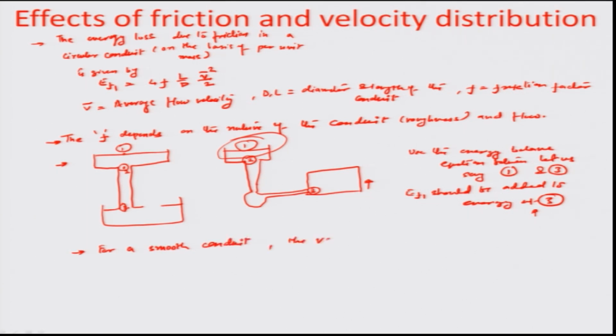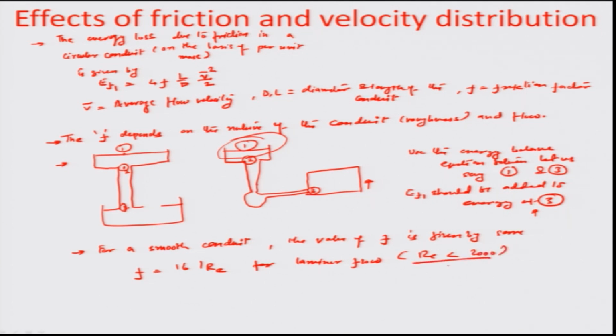the value of f, again borrowing from fluid mechanics, is given by some empirical quantities of values. So, f is recorded as 16 by Re for laminar flow, probably corresponding to Re less than 2000.